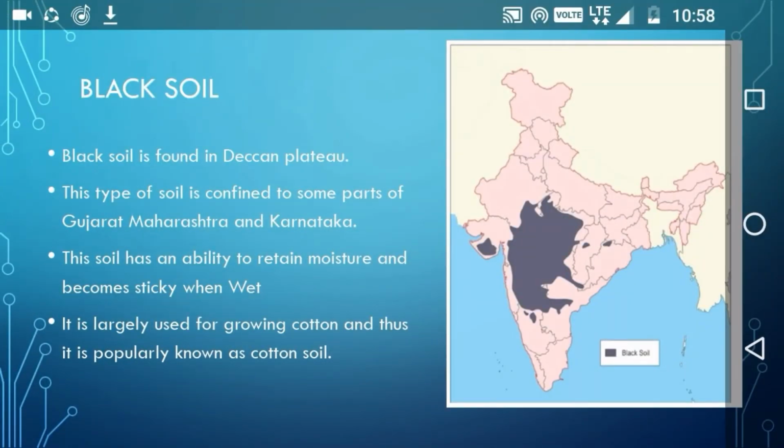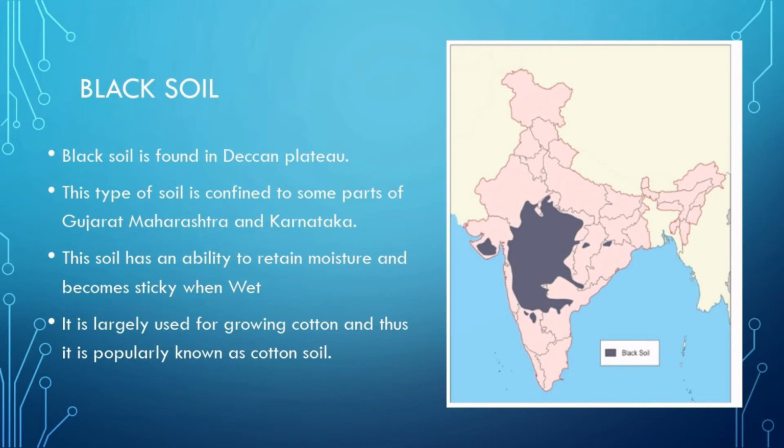Next soil is black soil. Black soil is found in the Deccan Plateau. This type of soil is confined to some parts of Gujarat, Maharashtra and Karnataka. Look at the map. We can easily see this soil in some parts of Gujarat, Maharashtra and Karnataka.